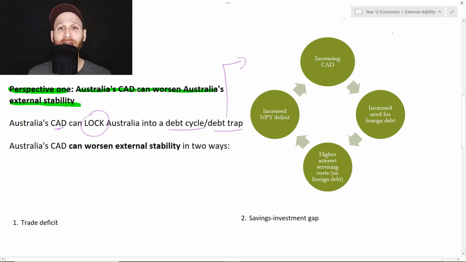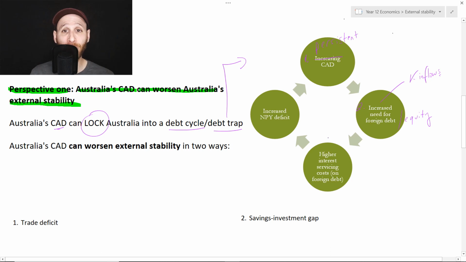And what I mean is that we're looking over here. So let's say step one for Australia, rather than having an increasing CAD, Australia has a persistent current account deficit. That means that Australia needs to fund those greater outflows. So Australia needs more capital inflows. And this could be in the form of foreign debt or foreign equity, right? It needs to bring in that extra money to fund those greater outflows.